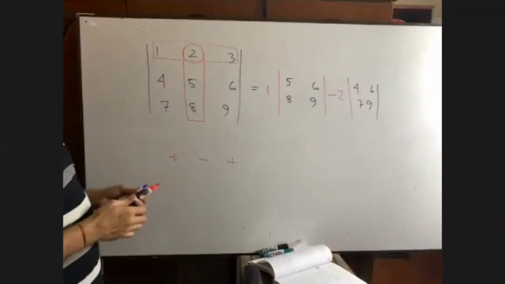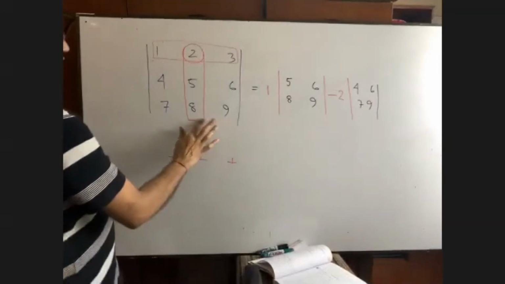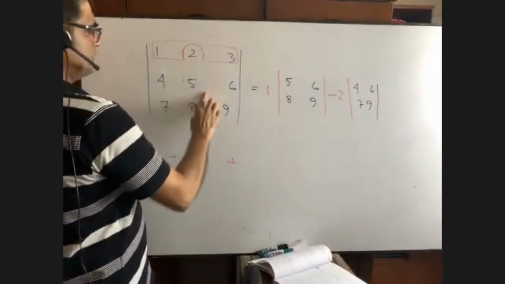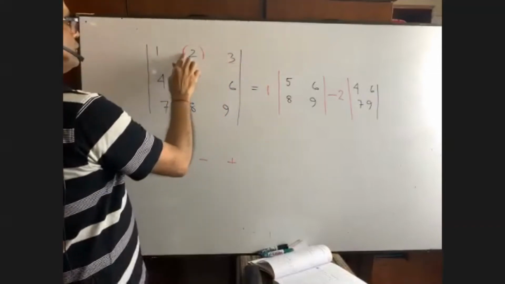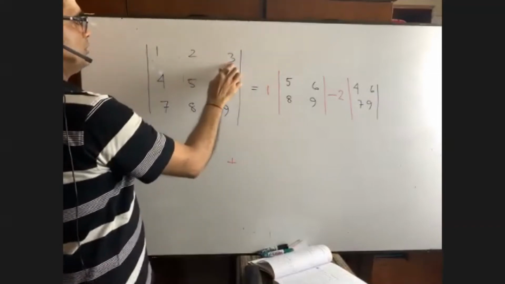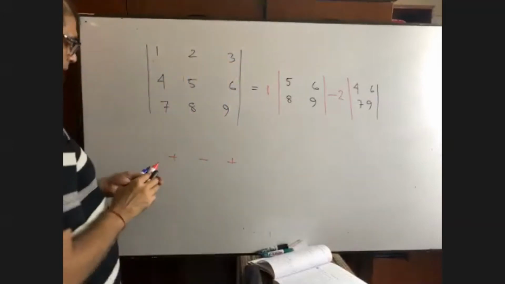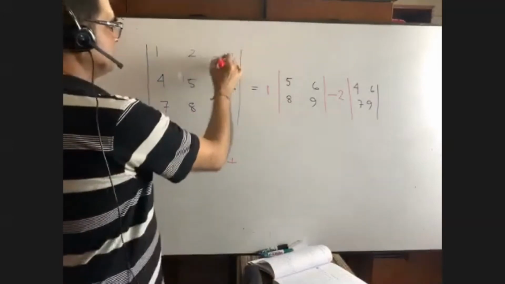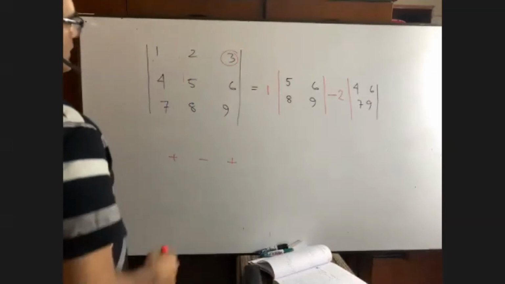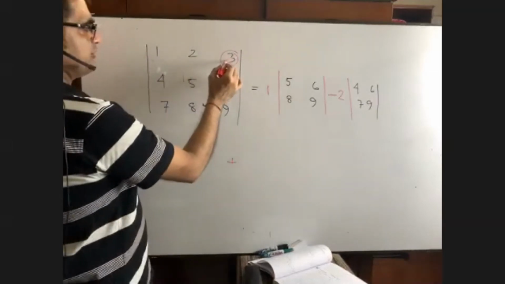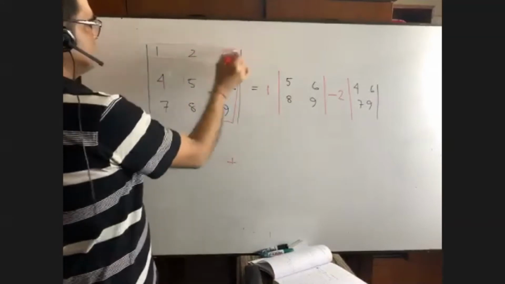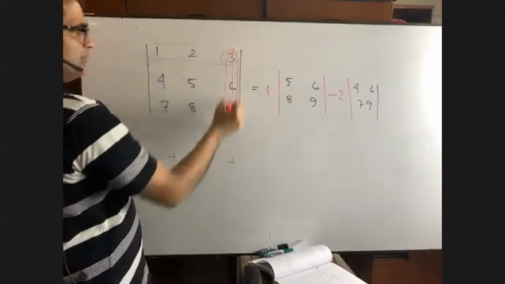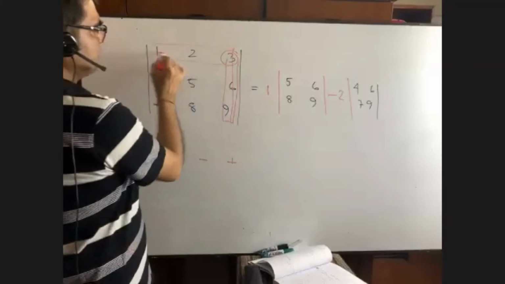Now for the last one, you see, please try to understand. For the last one, what we are going to do, you please try to understand. Now I am going to consider this 3. What is meant by this? This 3 is related with this column and this 3 is related also with this row.